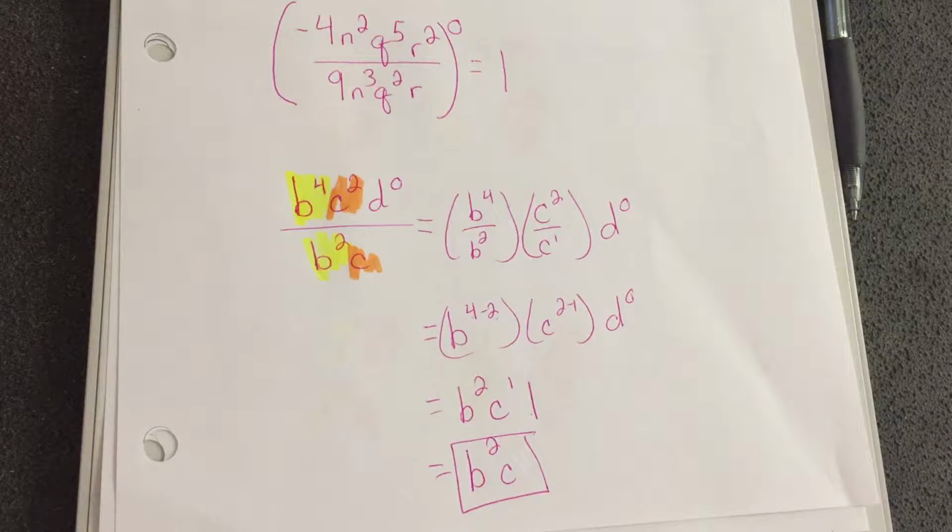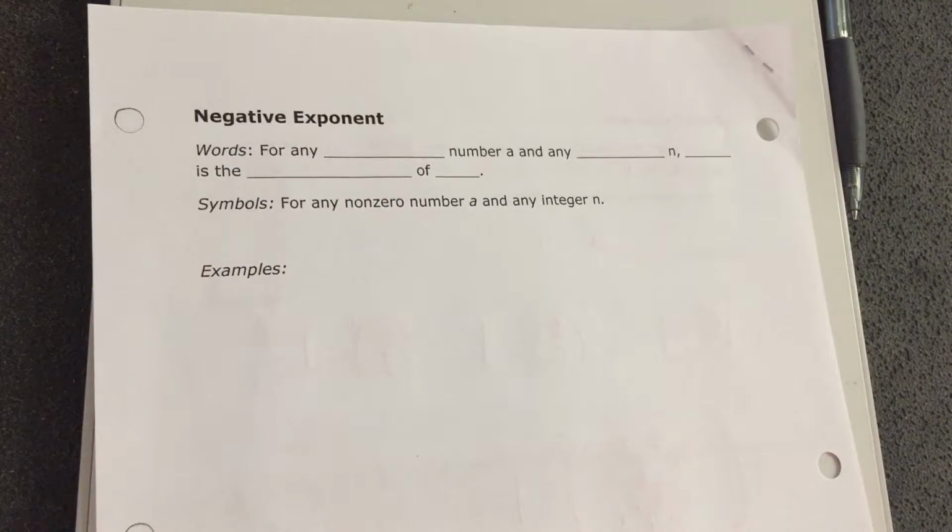All right. Now I need y'all to pay attention to negative exponents. Okay? As we flip the page, I need you to pay attention to negative exponents. This is one of those concepts that you might have to go back and look at the video a couple of times.